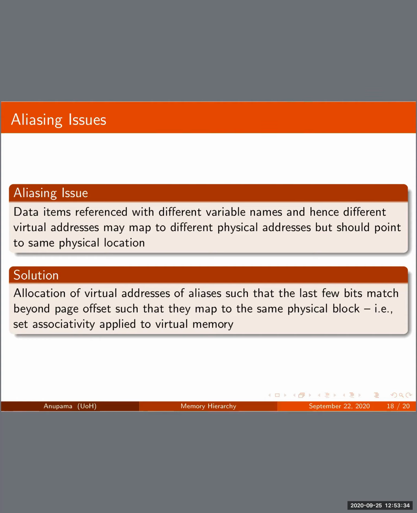So what does the operating system do along with the compiler? They determine which are the aliases. Okay. They know what are the variables which are aliases of each other, and they generate virtual addresses such that they fall into the same block. That is, there is a conflict when you use aliased addresses. There is a conflict.